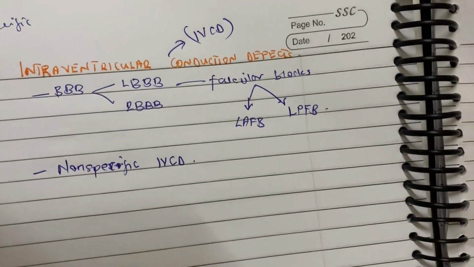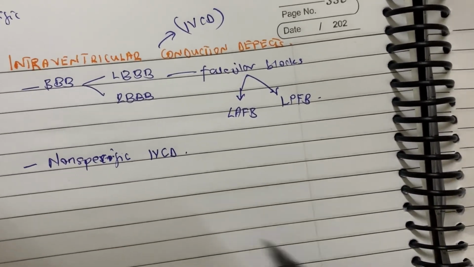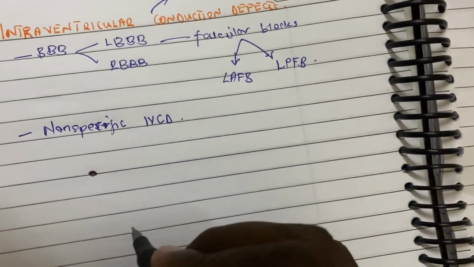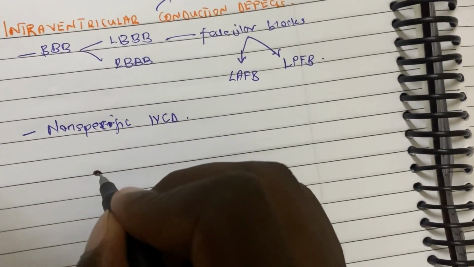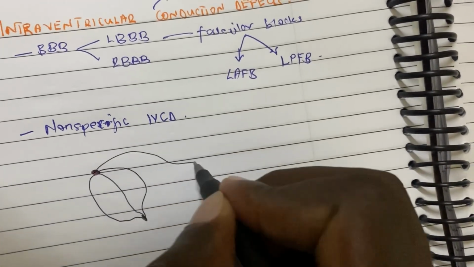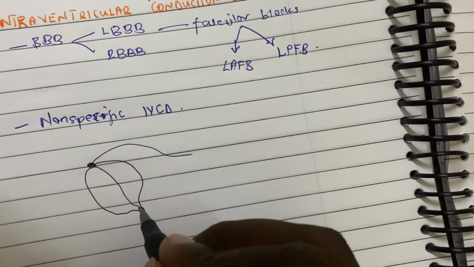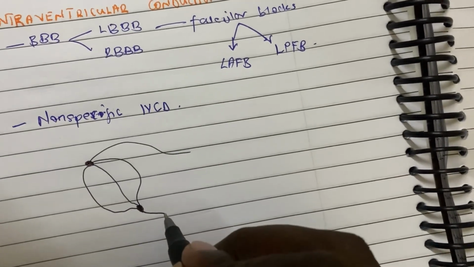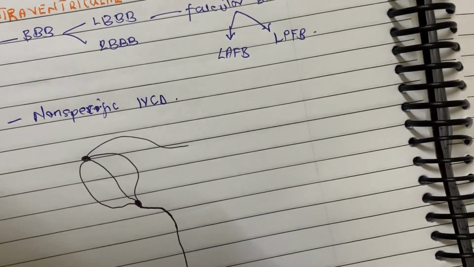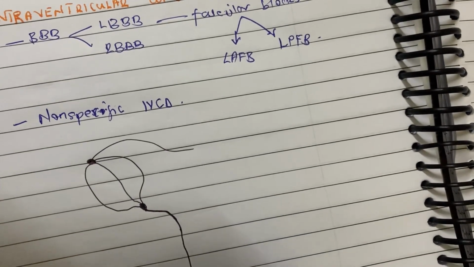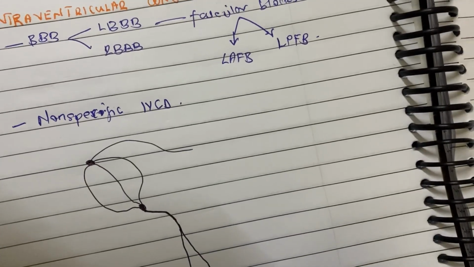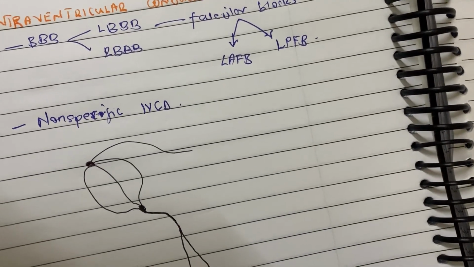If I can draw the conduction system here real quick, just to remind you, we have the SA node here, and then the AV node here, with internodal pathway of fibers to the Bachmann's bundle. This is the AV node. It gives the bundle of His. Then this divides into the right bundle branch and the left bundle branch.